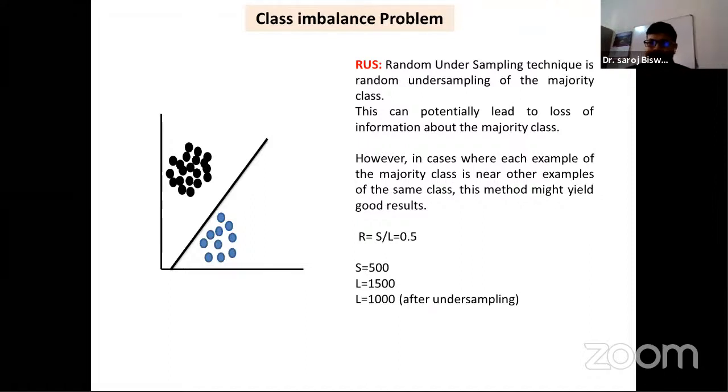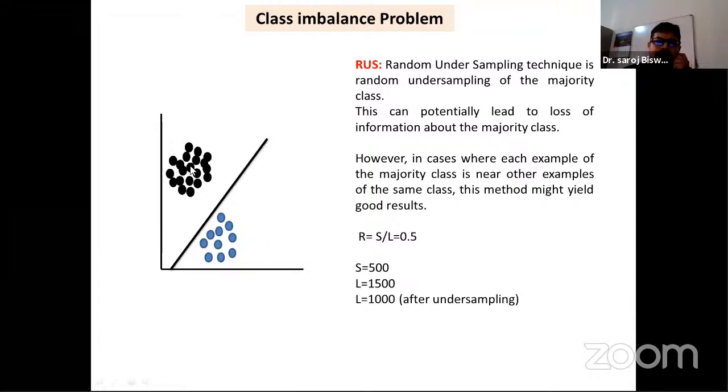But we try to understand if the orientation of the data is like that. This is only if you have a data visualization, then you can understand. If the data or the samples of the majority class are highly condensed, meaning they are very near to each other, in such a case we can apply random undersampling because they are very near.